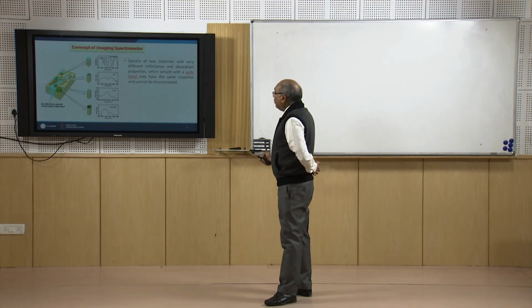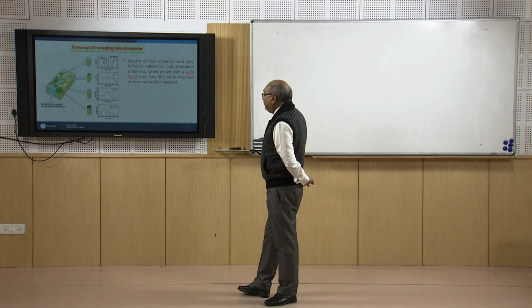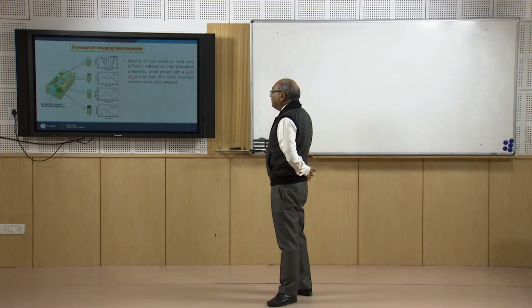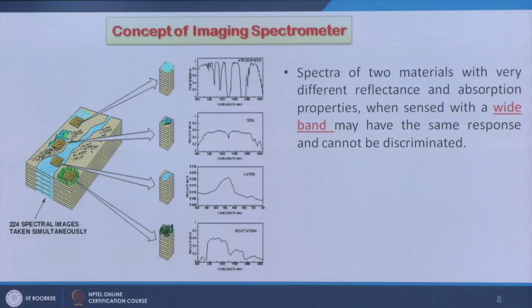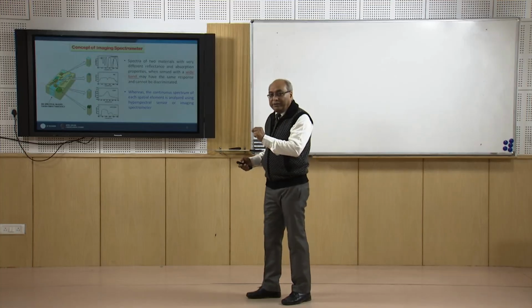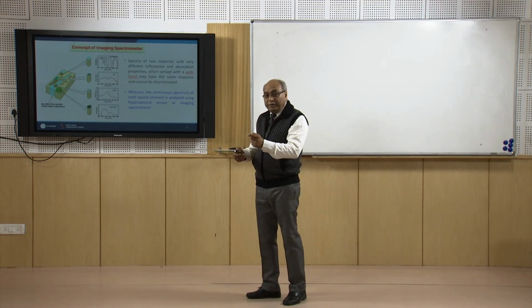Spectra of two materials with very different reflection and absorption properties, when sensed with a wide band in normal remote sensing like Landsat MSS or TM or IRS LISS-3, LISS-4, may have the same response and cannot be discriminated. But when we have continuous spectra, we will find a place between these two objects in their respective spectral curves where they can be differentiated.